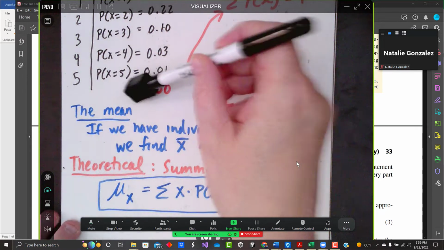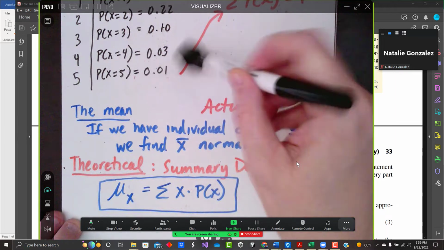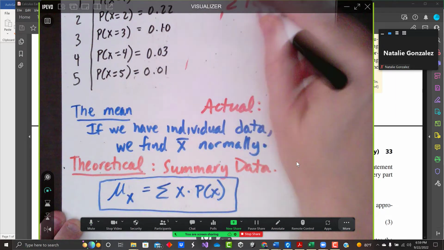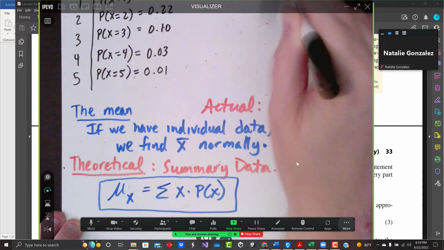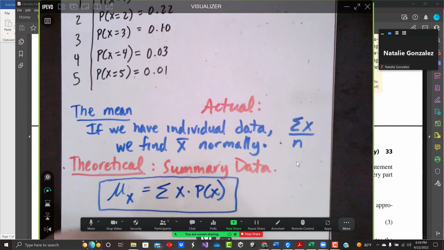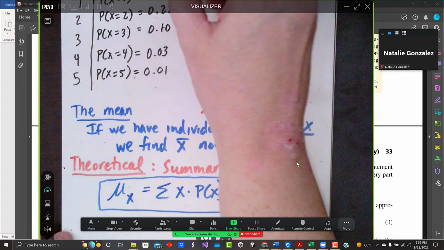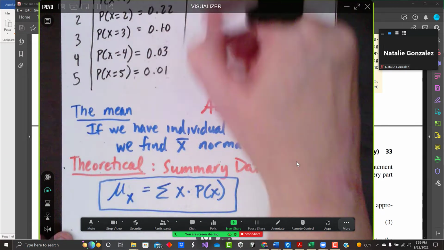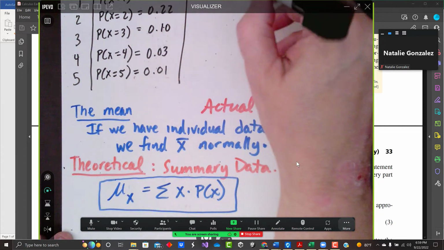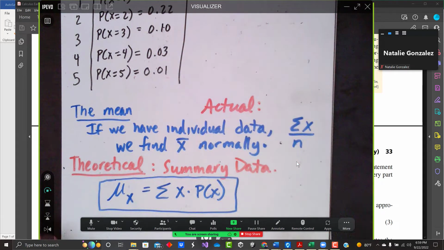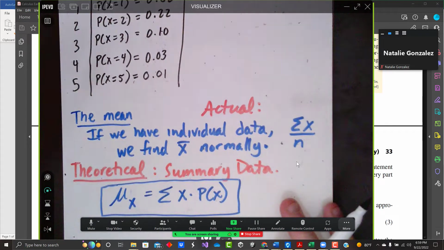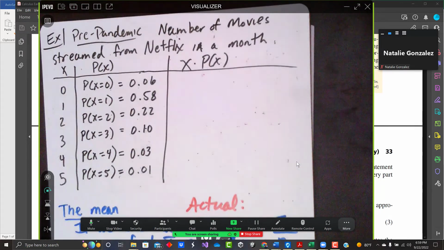In fact, I'm going to give myself room by erasing stuff up there. Is everyone done writing this down? Okay. Let's come up here and calculate it.